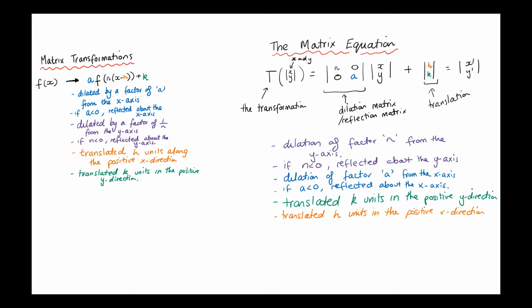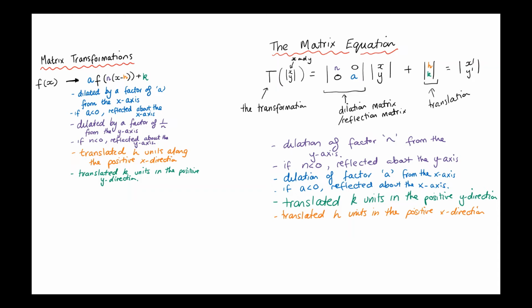So I'd say it was dilated by a factor of a half, or 1/2, in that example of f of 2x. Further to that, with h, we often say do the opposite of what you see in the brackets. Well, here I don't have to worry about that. x plus h is the positive direction. So that's why we look at matrix equations. So I'm going to flick to some examples now and see if we can put this in a practical context.